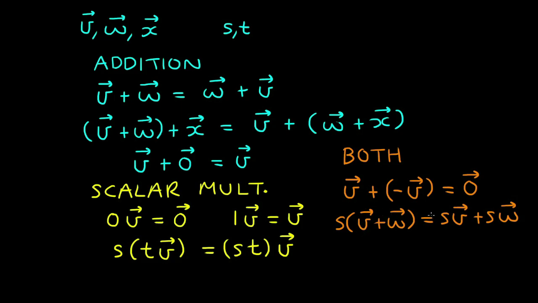And the other distributive property is if we add two scalars together and multiply the result by the vector v, then that's the same as multiplying the scalar s by the vector v and adding the scalar t by the vector v.